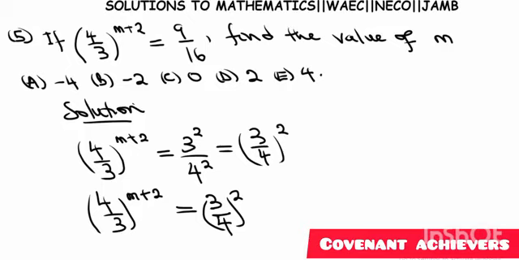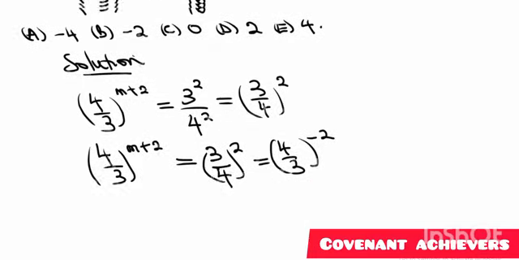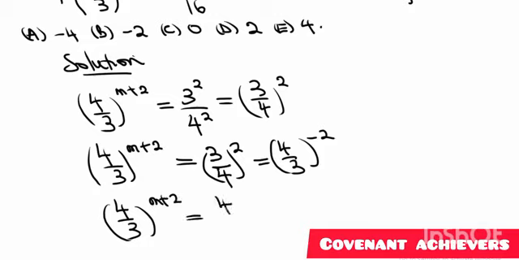So we take the reciprocal of the right hand side, making it 4/3, not 3/4. (4/3) raised to power minus 2. So from here, since the bases are the same, (4/3) raised to power m plus 2 equals (4/3) raised to power minus 2.